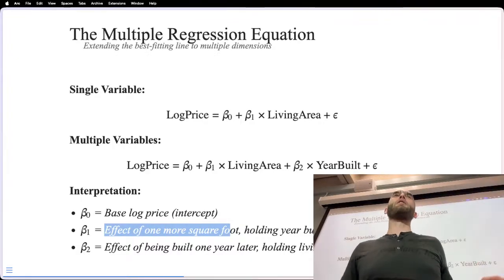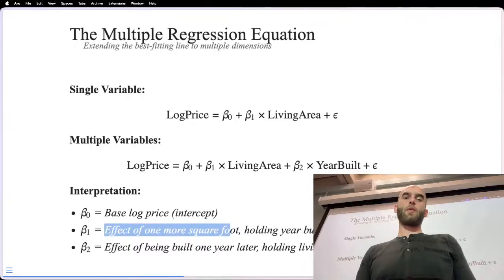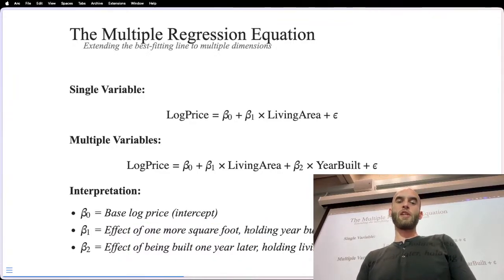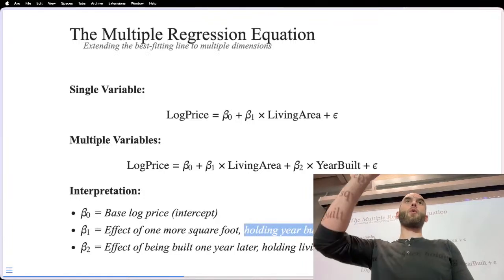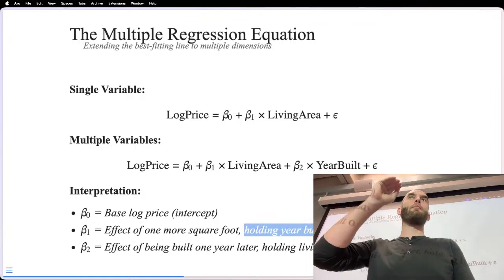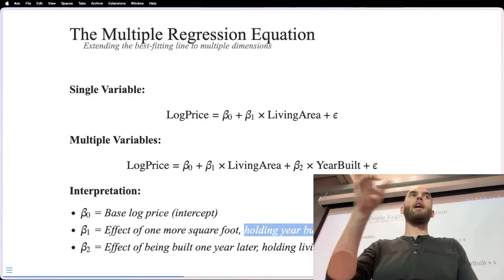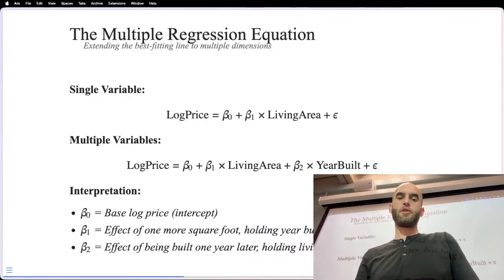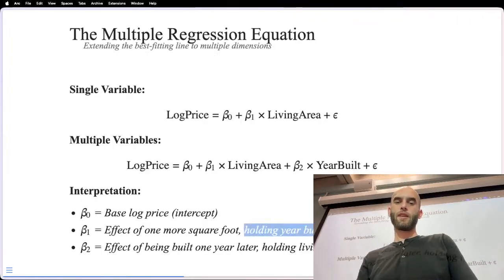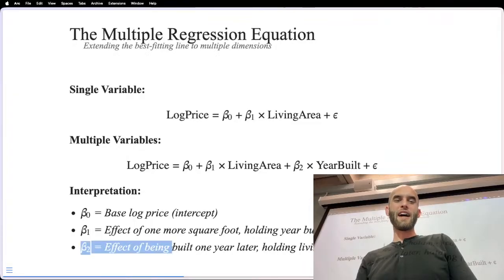But that's not how we interpret the multiple regression equation. What we're doing with the multiple regression equation is also saying that we're comparing 2 houses that were built in the same year. And then the third variable here is beta 2.